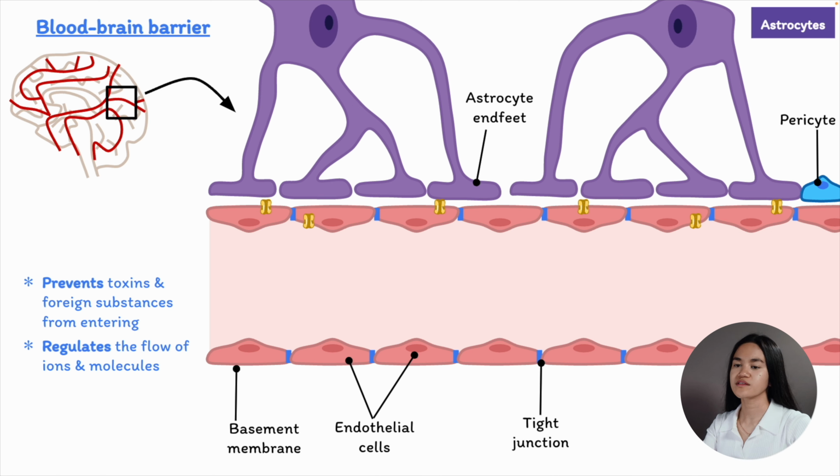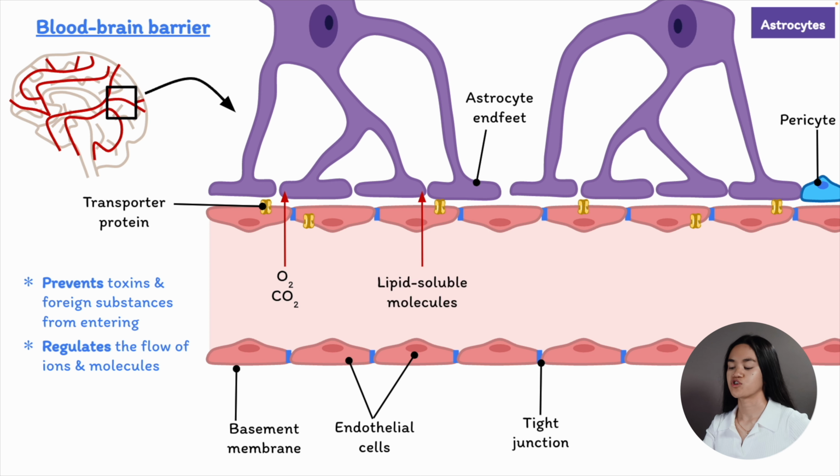And this is where the tight junctions between these endothelial cells and specific transport proteins come in, because, like I mentioned before, only a small number of substances can pass through. These include oxygen and carbon dioxide, which are lipid-soluble molecules, and larger molecules such as glucose and amino acids need to pass through transporters, these transporters here.